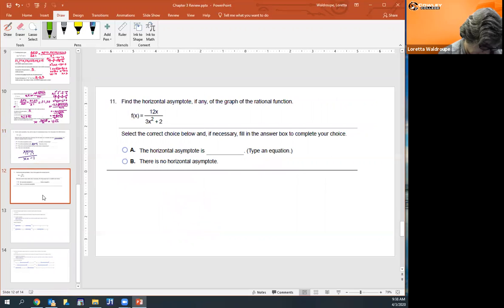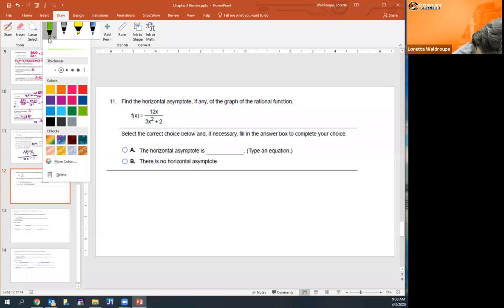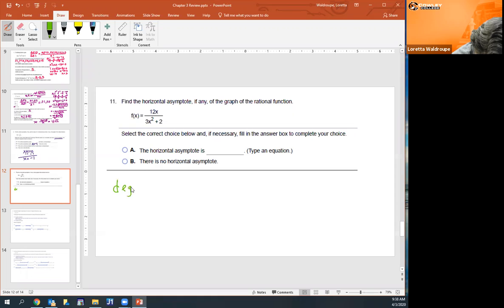Okay, next problem. Find the horizontal asymptote. When you're looking at the horizontal asymptote, you look at the degree of the top and compare it to the degree of the bottom.